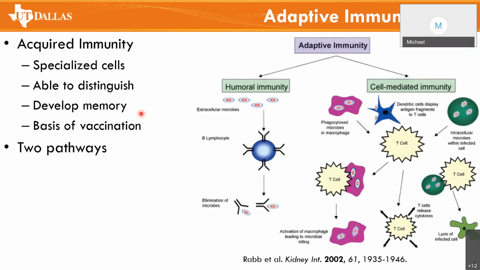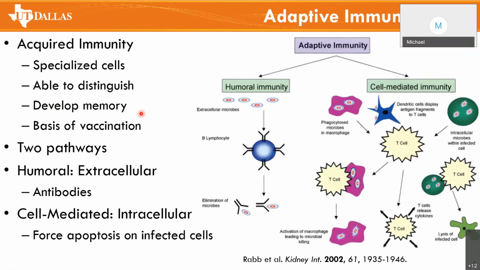It has humoral immunity, and this is the activation of B cells. For B cells, once activated through their receptor, which is specific to a specific pathogen, they start to produce antibodies. And these antibodies can bind to several pathogens, making it easier for uptake.